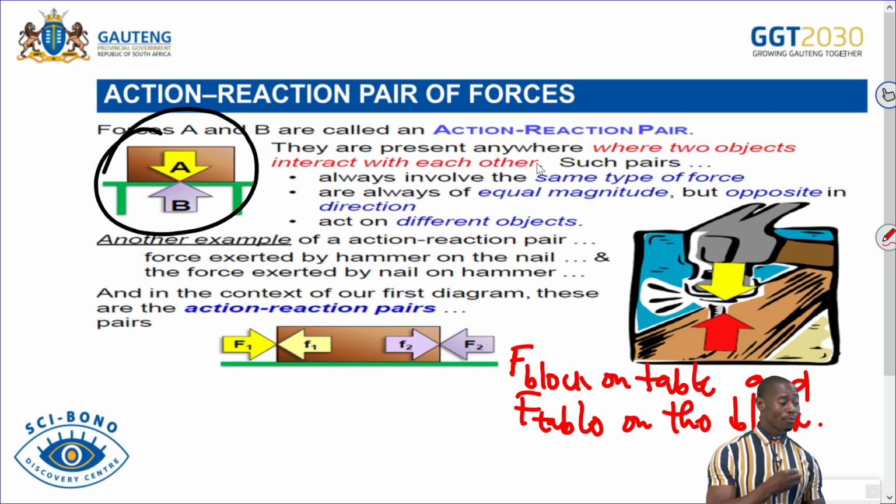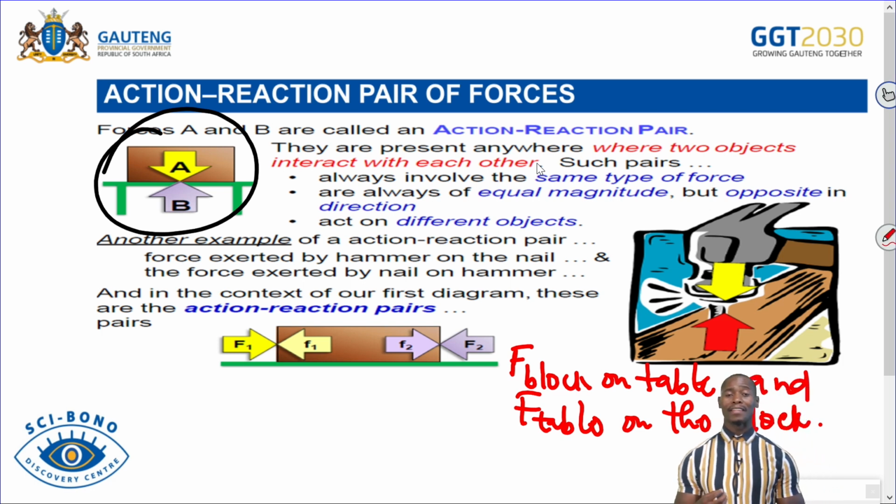So here my object A, let's say, is the block, and my object B is the table. So there will be a force exerted by the block on the table, and the force exerted by the table on the block. That is the first action-reaction pair of forces here.